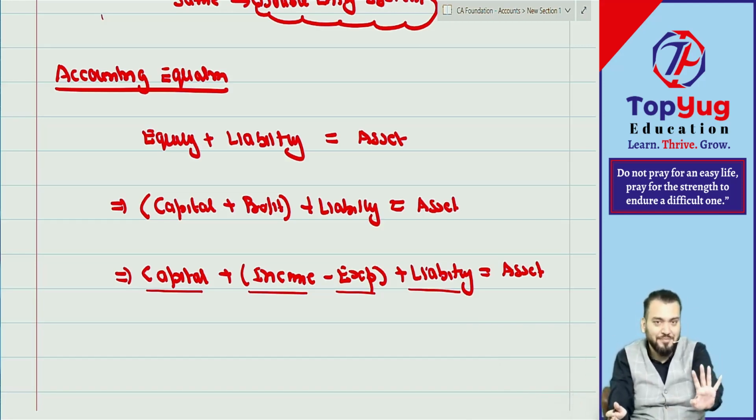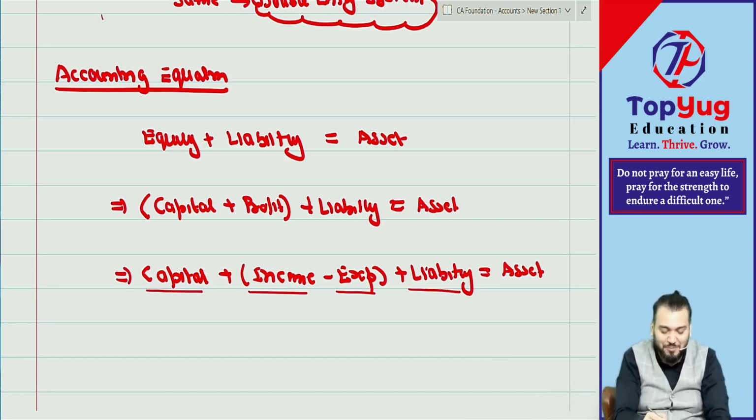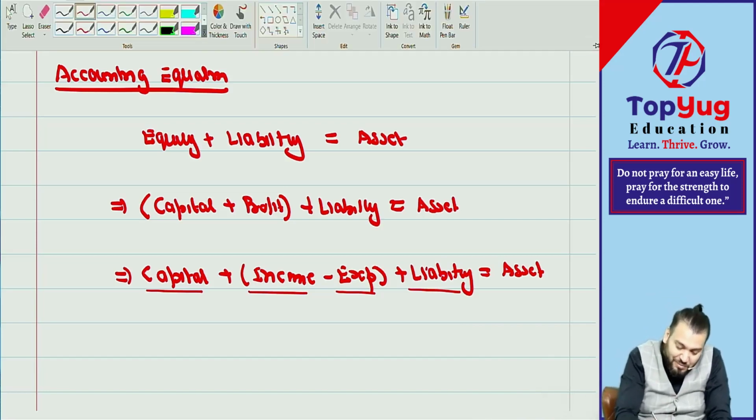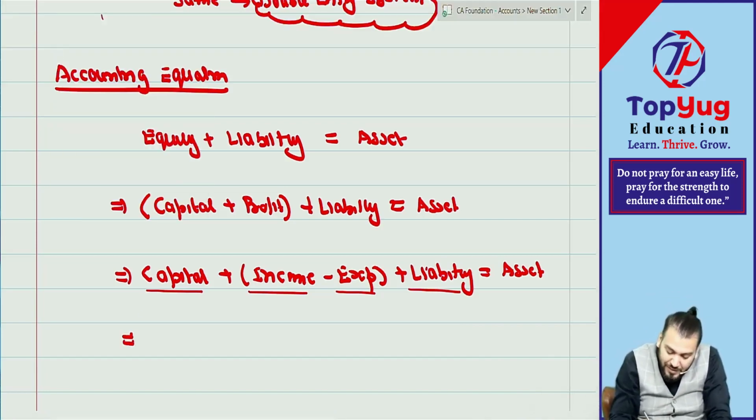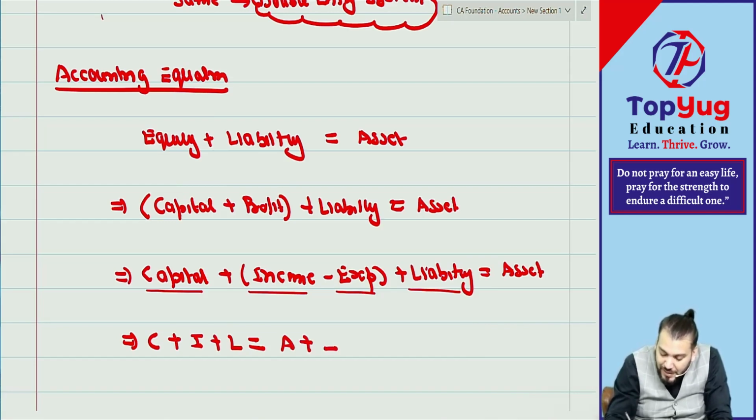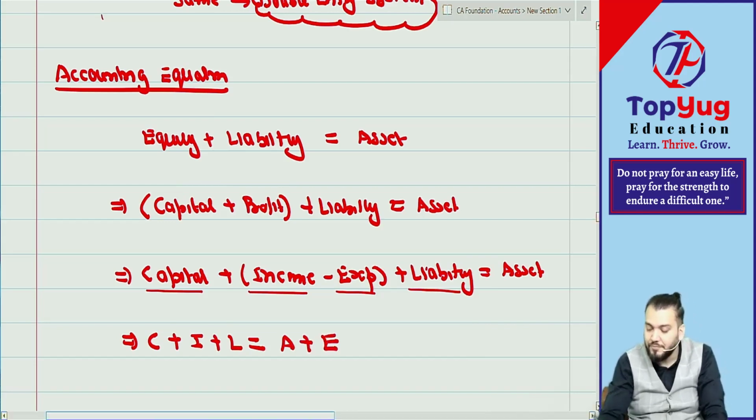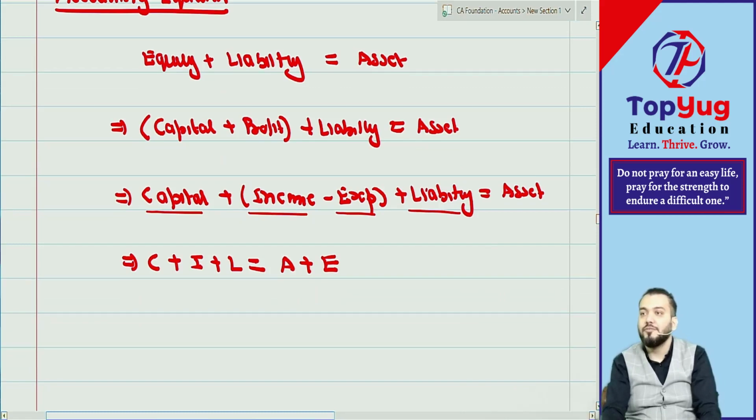This you know. Thank God, because I can't teach mathematics. Only this much is required. So if I simplify it, it becomes capital plus income plus liability is equal to asset plus expense. Yes or no? Understood.